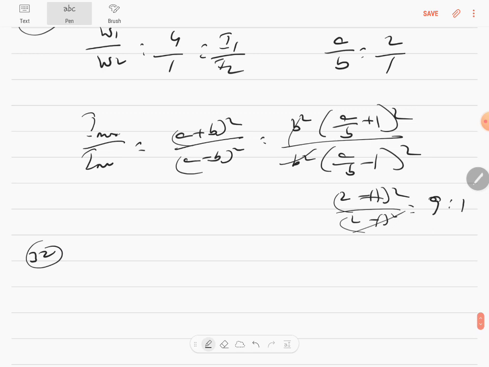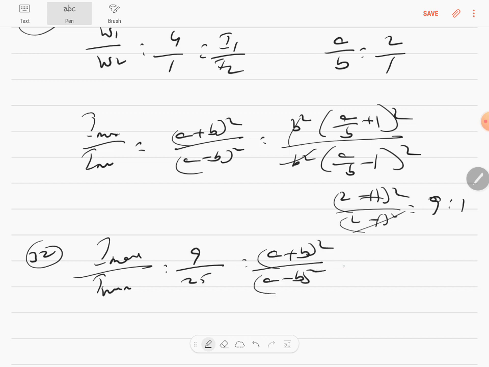32nd question. The ratio of intensities at minima to the maxima is given to be 9 is to 25, which is nothing but A plus B the whole square by A minus B the whole square, which becomes A by B plus 1 the whole square by A by B minus 1 the whole square.